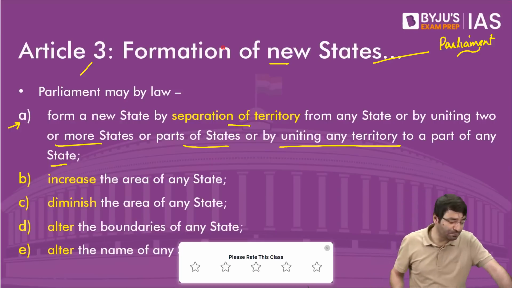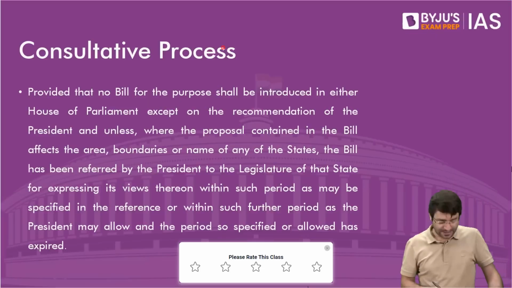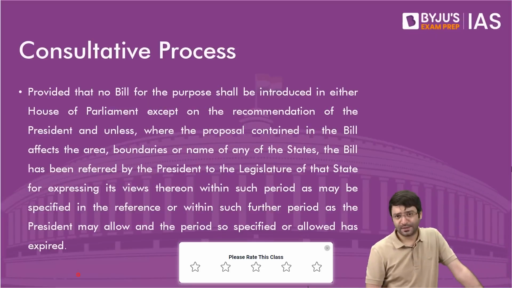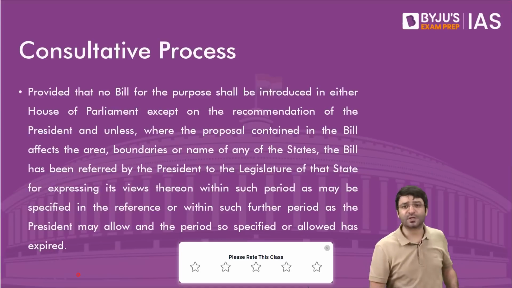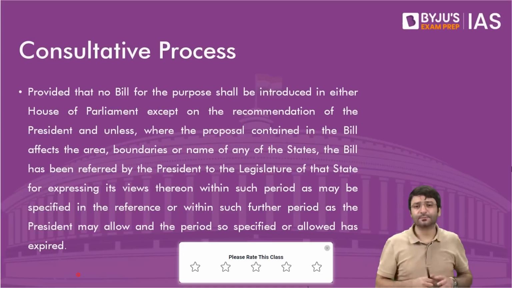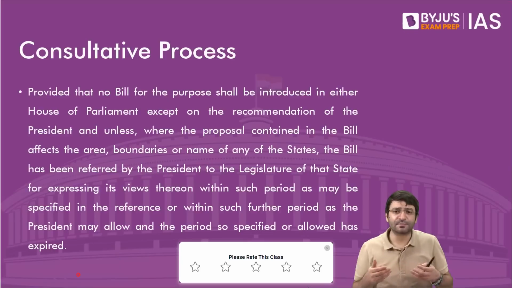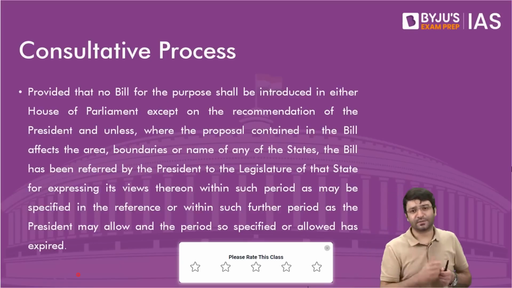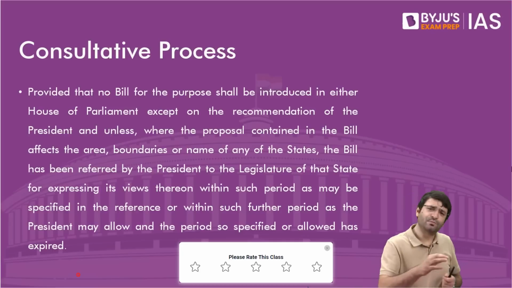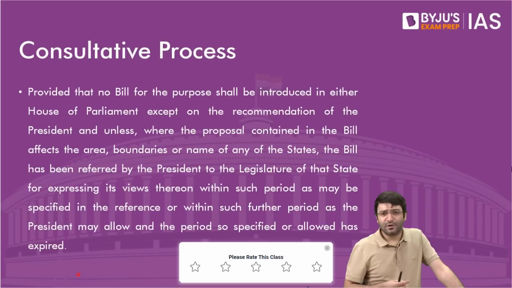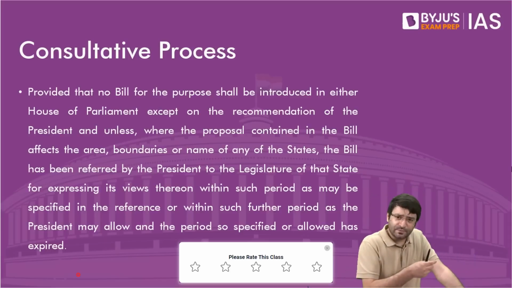But there is a process that needs to be followed, and that process is known as a consultative process. And what is that consultative process? Two things. One, if, for example, West Bengal wants to change the name of its state to Bangla, to Bengal, Paschim Banga, any other name, what is the procedure?